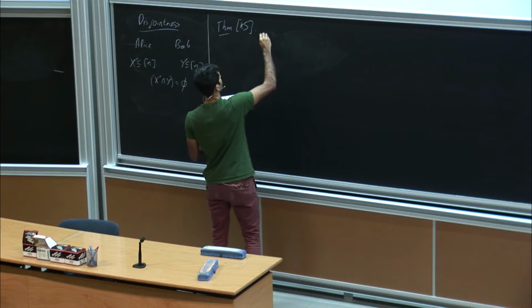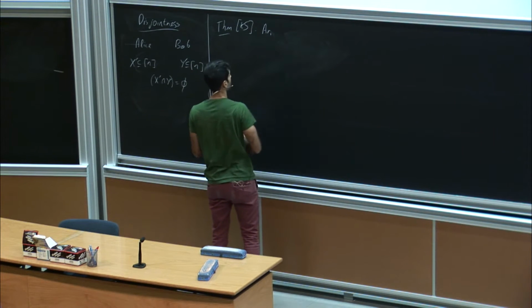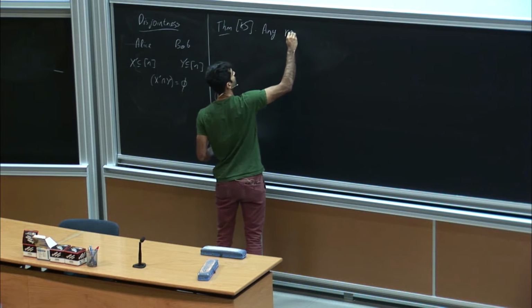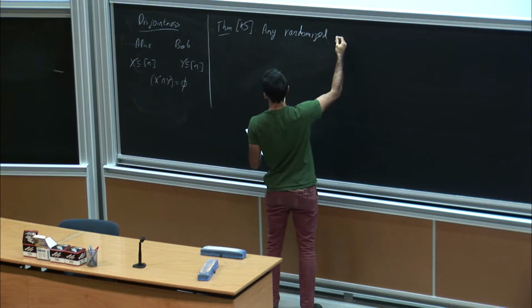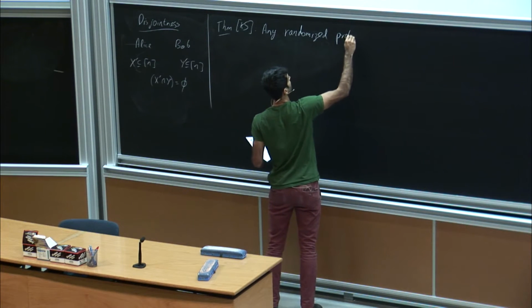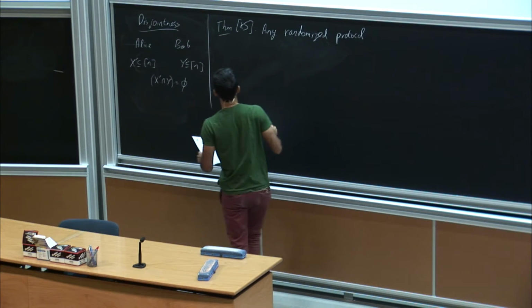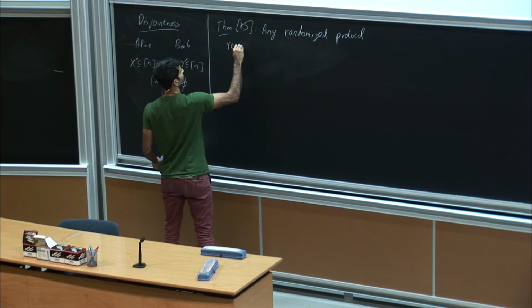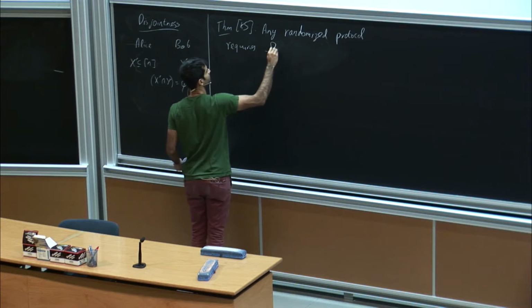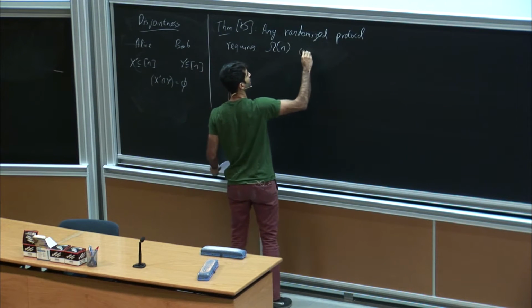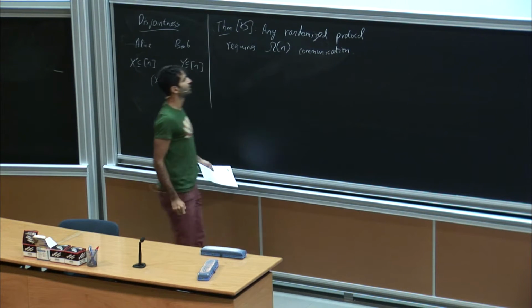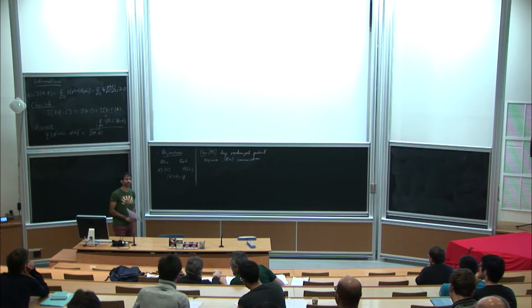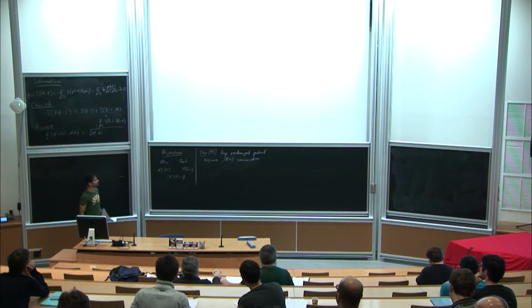It says any randomized protocol requires linear communication. Okay, so even if you're using randomness, you can't really save on the communication. That's the first goal for today.